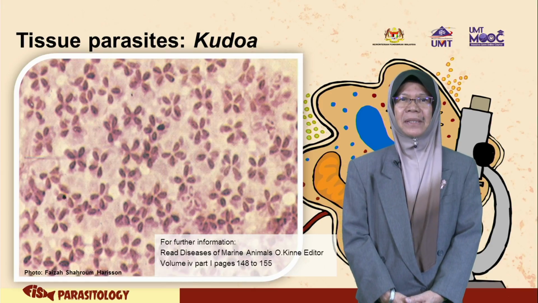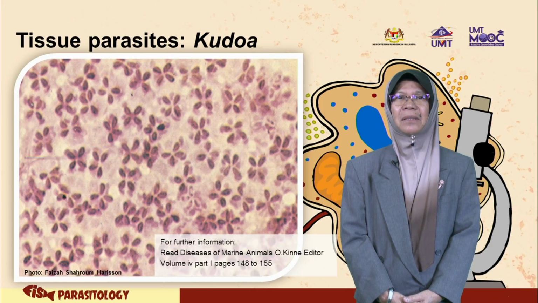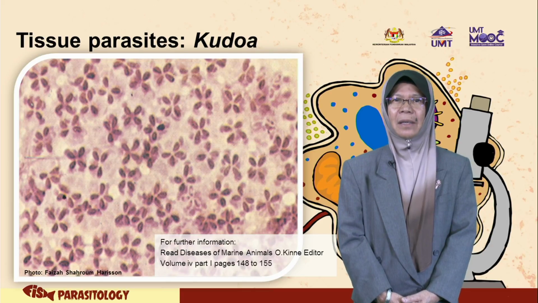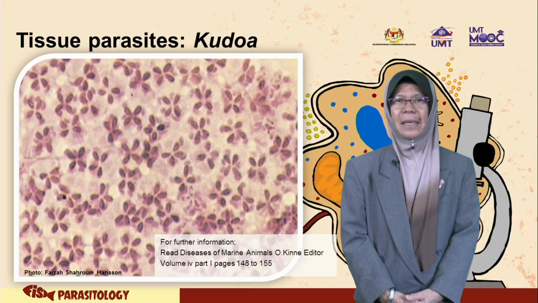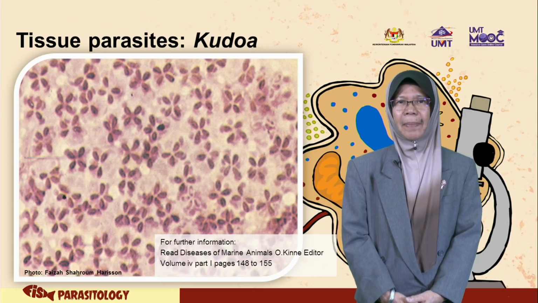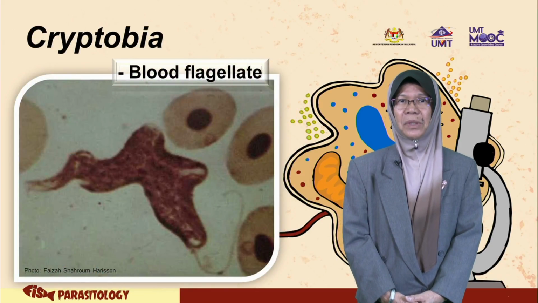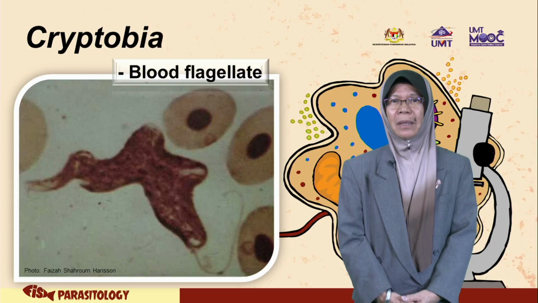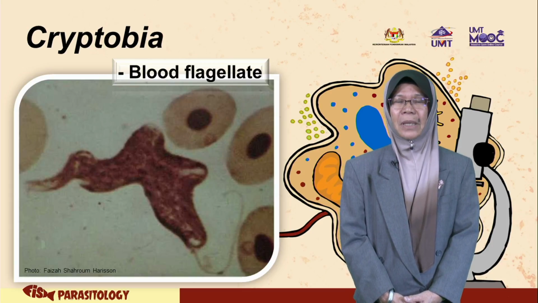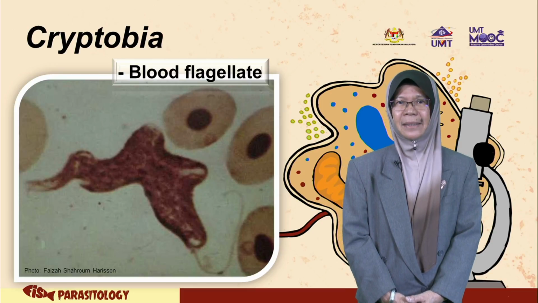This tissue parasite, found in the muscles of marine fish, causes it to liquefy upon landing, hence the name liquefaciens. Flagellates are protozoan parasites which have an elongated whip-like flagellum, and one example is Cryptobia branchialis.